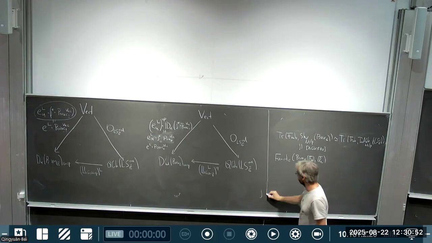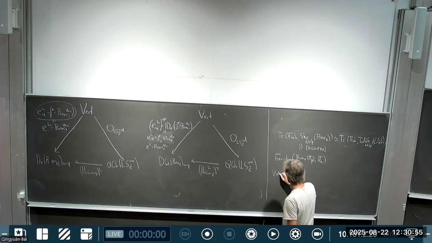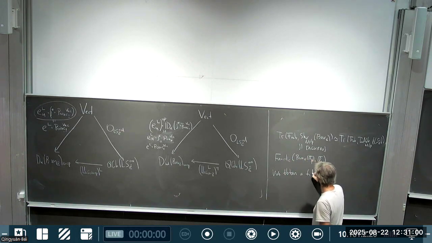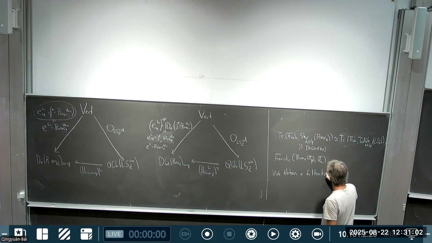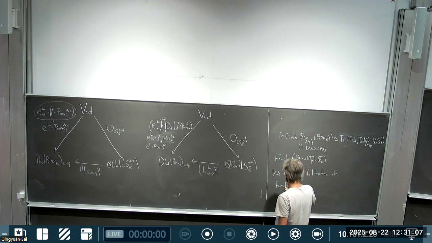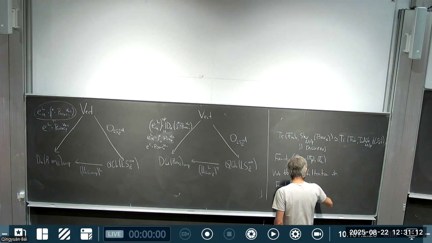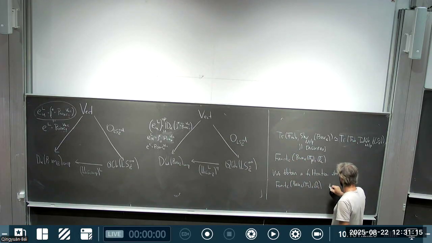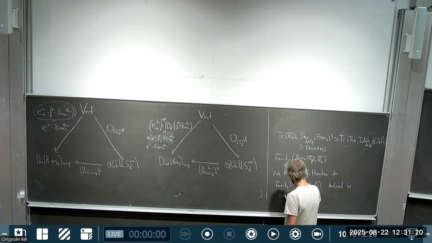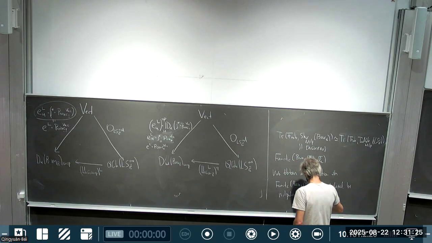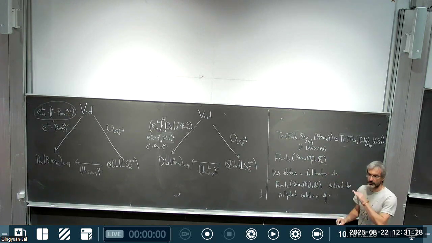So we obtain a mysterious filtration on the space of functions with compact support indexed by nilpotent orbits in the Langlands dual algebra. So that's what we've got.